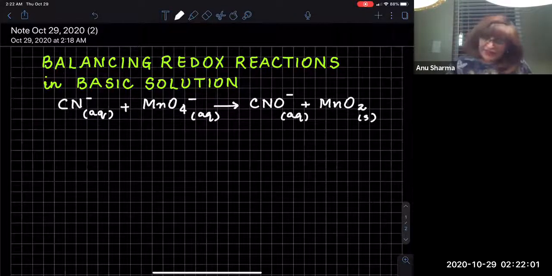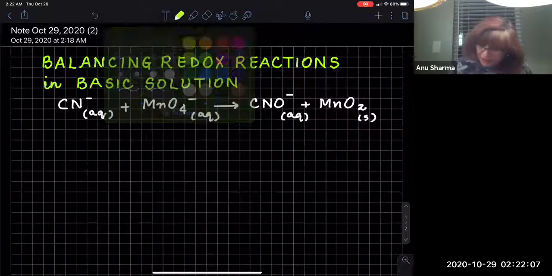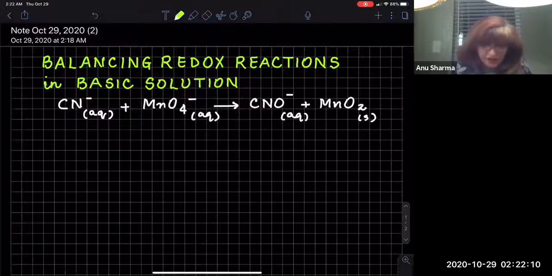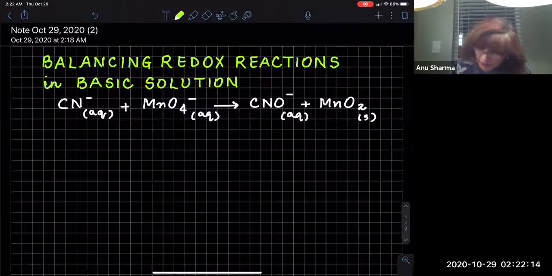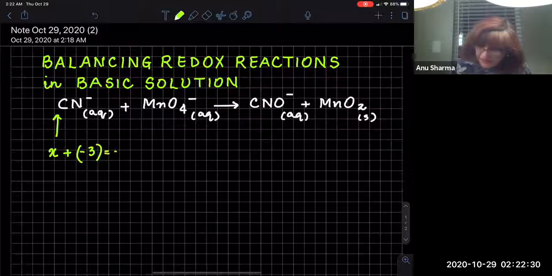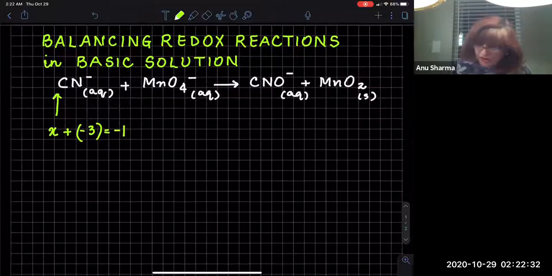So again, there are going to be several steps. The first step is always to identify the oxidation numbers. So how are we going to do that? We are going to look at first the oxidation number of carbon and nitrogen. Let us say the oxidation number of carbon, in this case, we don't know. So X plus the oxidation number of nitrogen, which is always -3, and since it's a polyatomic ion, the charge is -1.